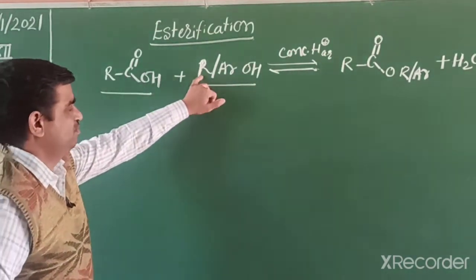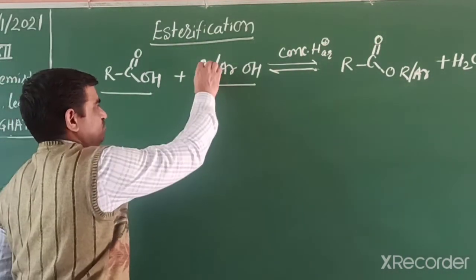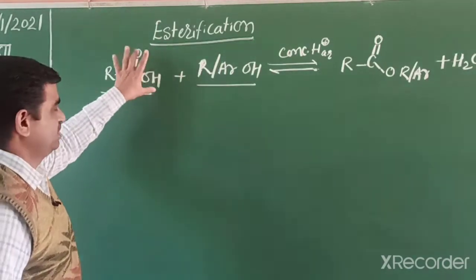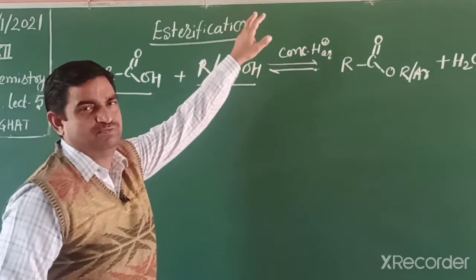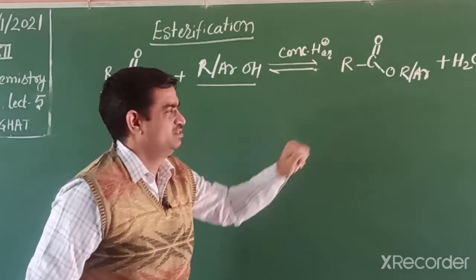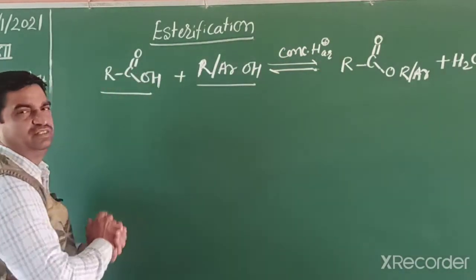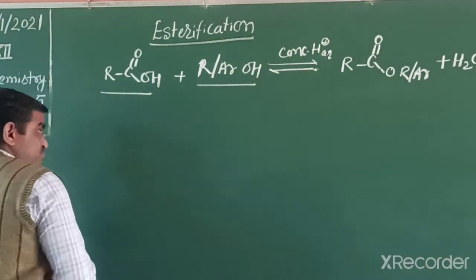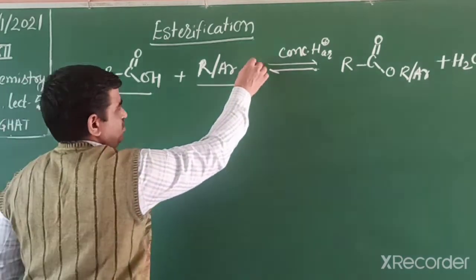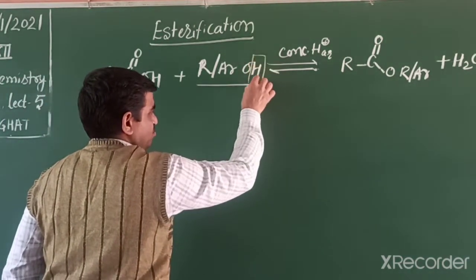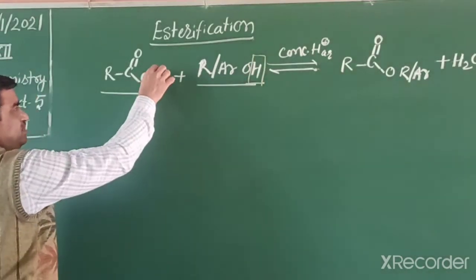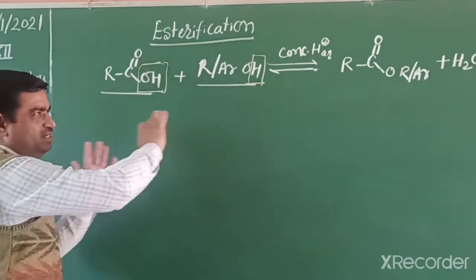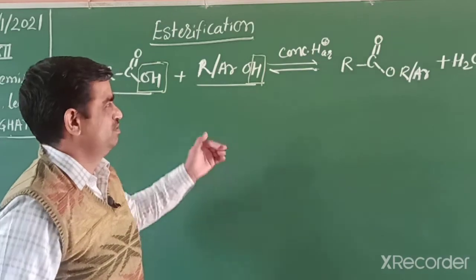But now alcohols as well as phenols, aliphatic and aromatic, when they react with a carboxylic acid in the presence of acid, form an ester, and this reaction is reversible. Which bond dissociates in this? The alcohol O-H bond dissociates and the carboxylic acid O-H bond dissociates, and they form a water molecule.